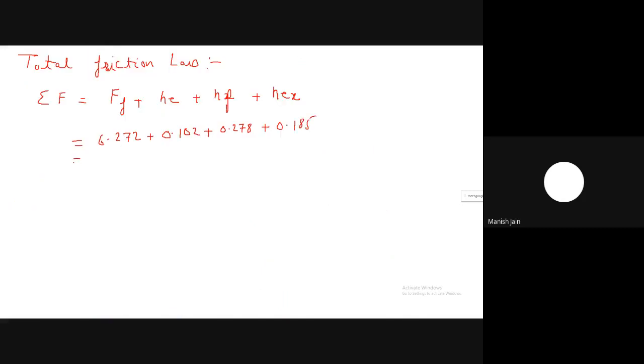Now the total energy loss is 6.837 joules per kg.